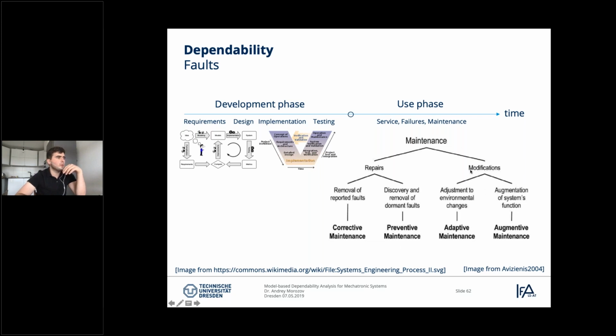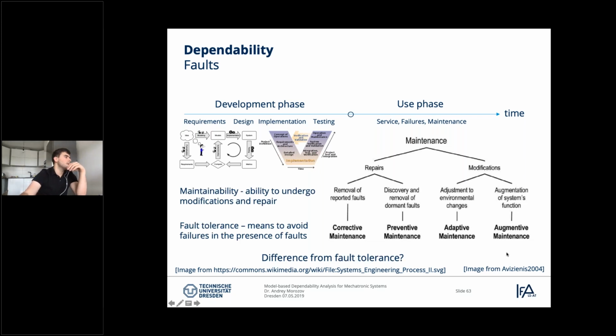And maintenance could also be for modifications, and here there is a further classification: adaptive maintenance or augmented maintenance. Also, a quite tricky thing in the dependability theory is that there is maintainability and there is fault tolerance. These things are similar, but the difference is that maintainability is the ability to modify and repair the system, and this usually involves a human.